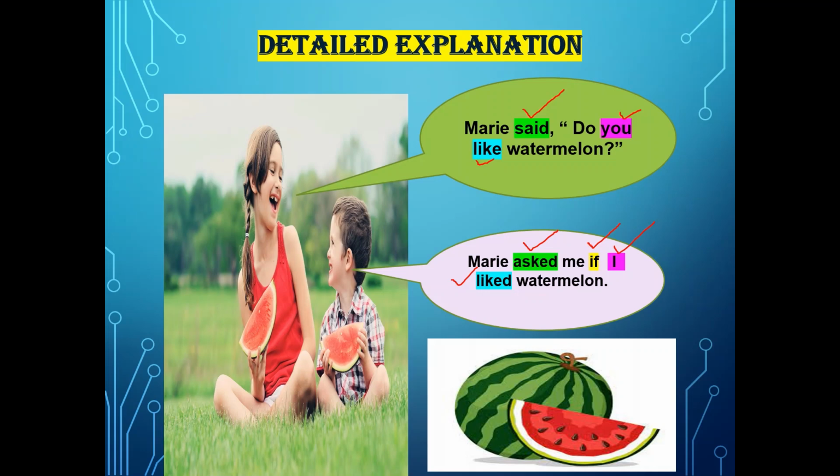Because the reporting verb said is in past tense, that's why you like, present simple, will change into past simple, I liked. So the answer will be Mary asked me if I liked watermelon.